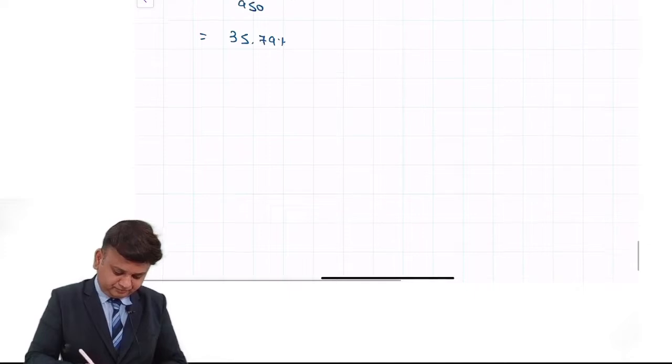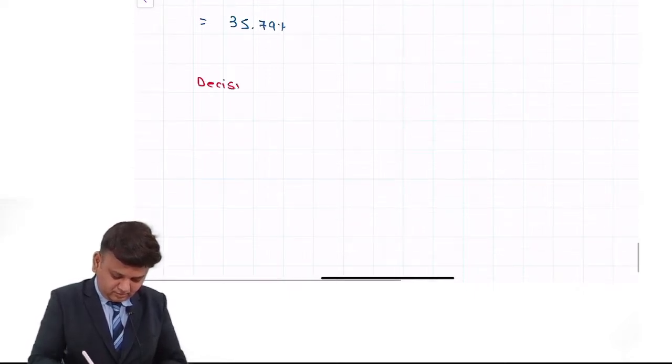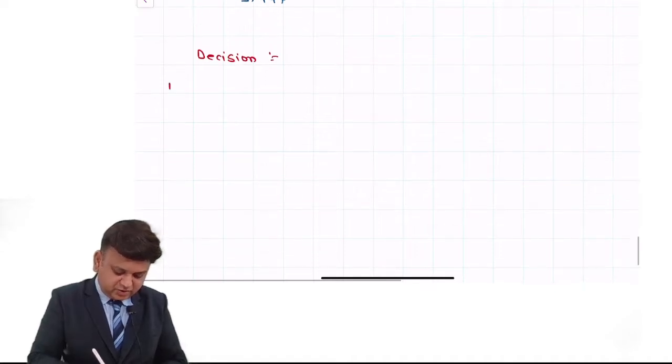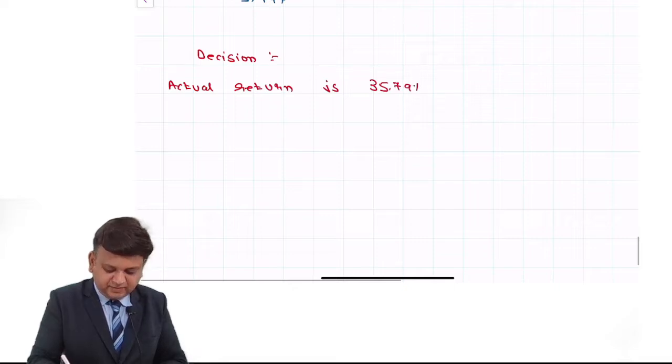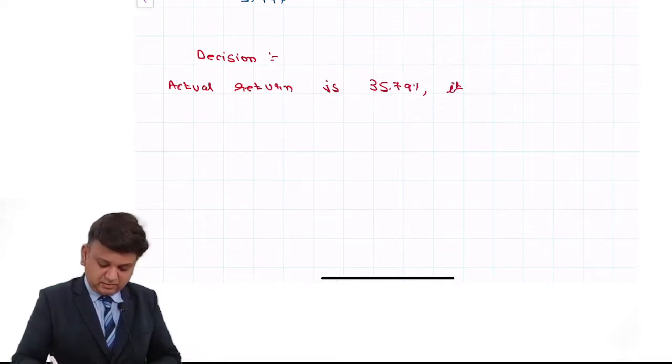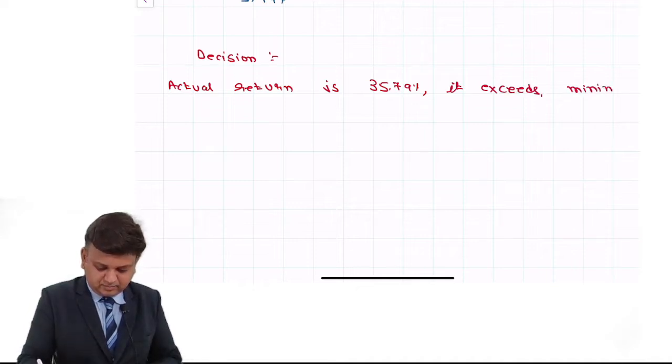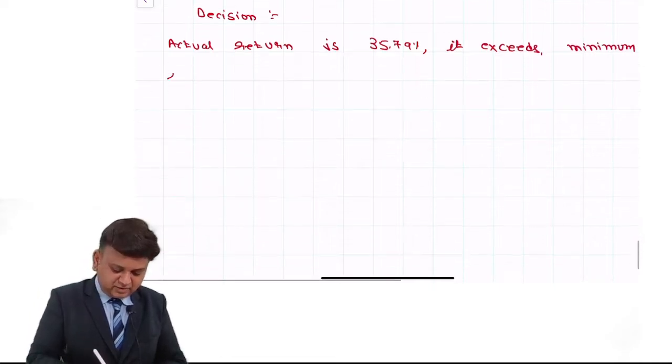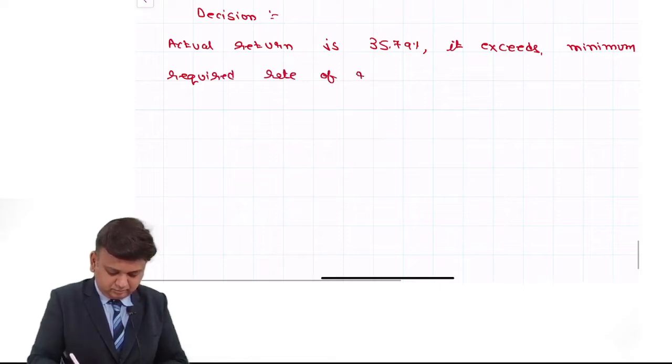So return decision: actual return is 35.79%, it exceeds the minimum required rate of return, 25%. So buy security.